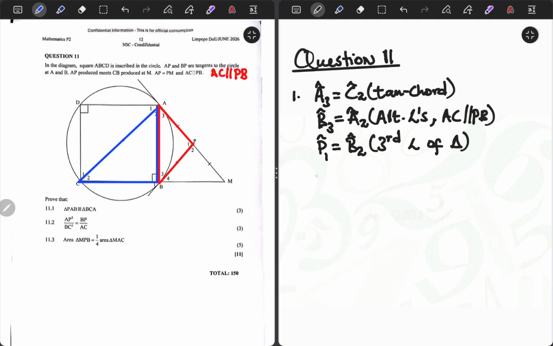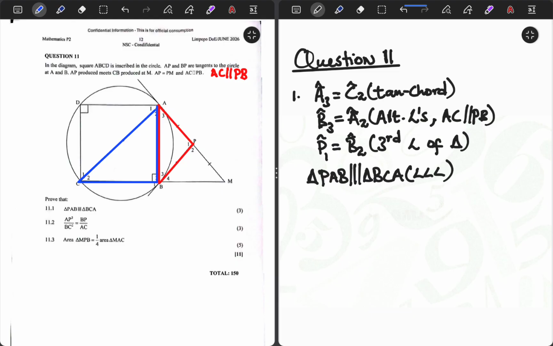So we've just proven that triangle PAB is similar to triangle BCA, because of angles.